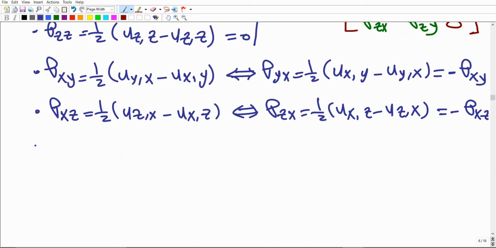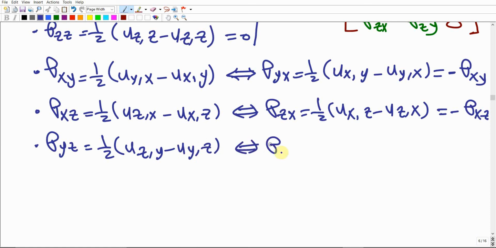The same thing for theta yz, which equals 1/2 (uz,y − uy,z), and the opposite one, theta zy, is 1/2 (uy,z − uz,y), which is the negative of theta yz.